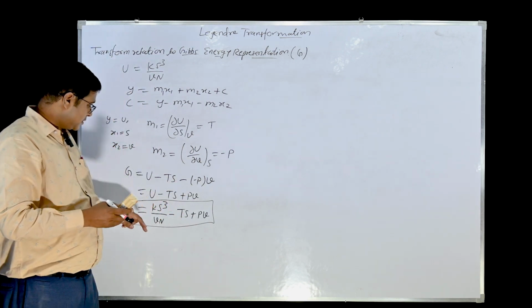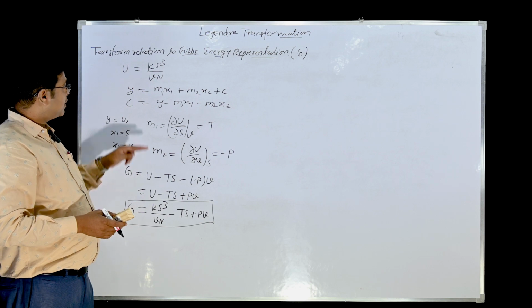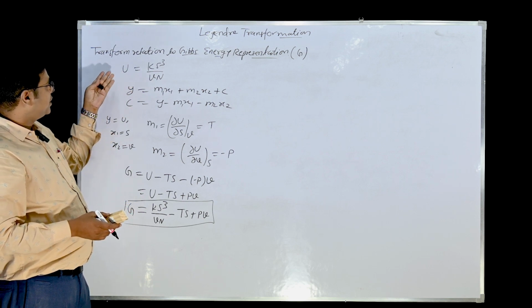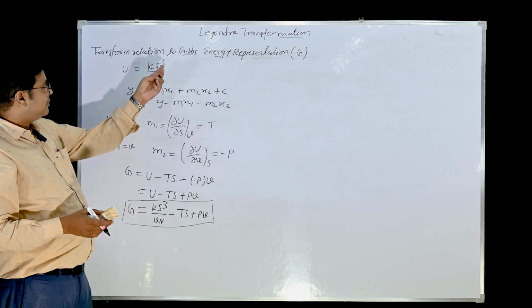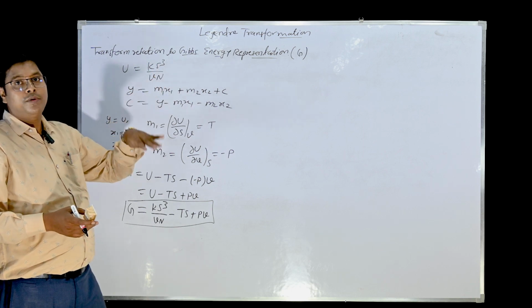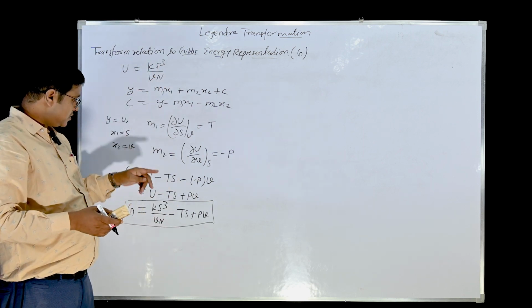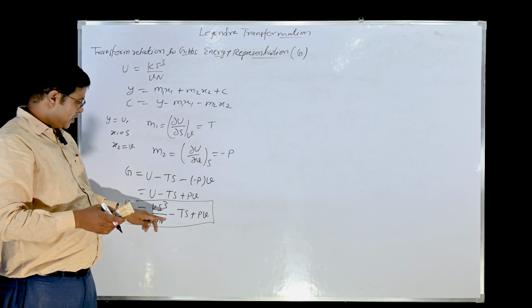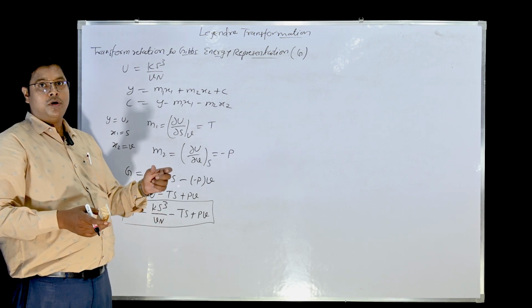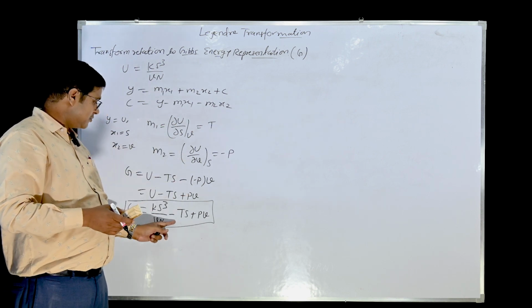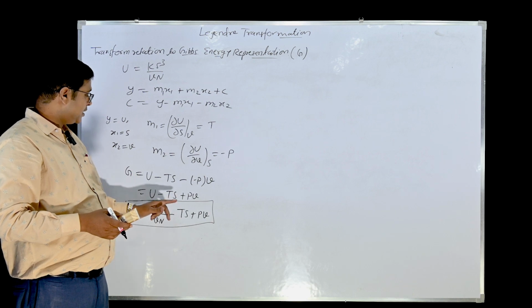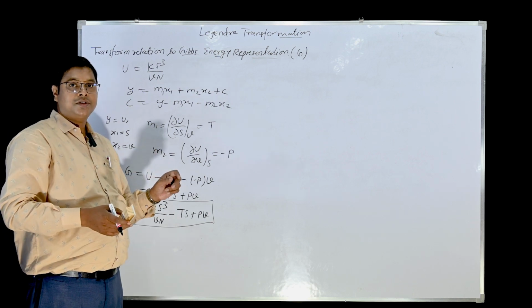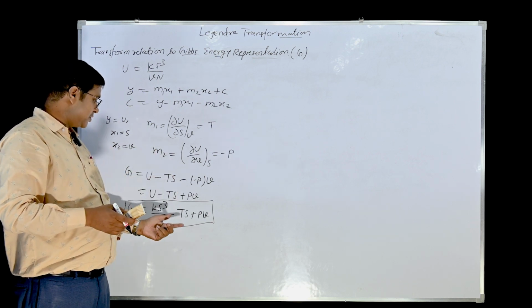Why? Because when we transform this from internal energy to Gibbs free energy, the variables S and V have to be eliminated. So this S and V we have to eliminate, and when we put the value of S and V in this equation, we will get the correct relation for the Gibbs free energy representation.